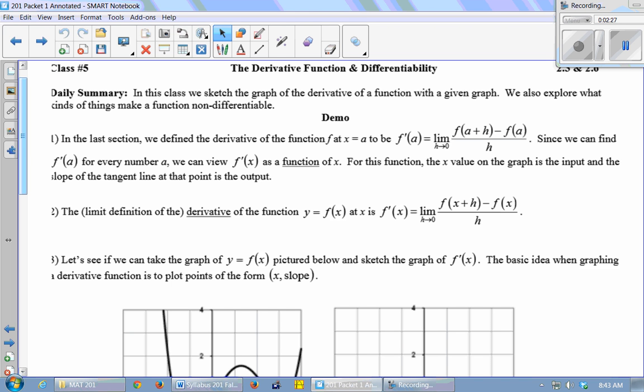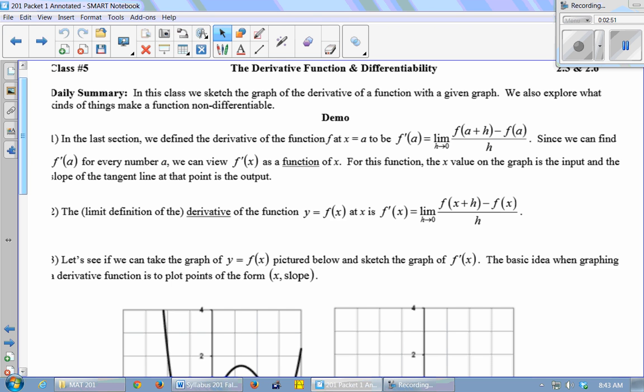So the limit definition of the derivative of the function f of x at any given x value is f prime of x equals the limit as h goes to 0 of f of x plus h minus f of x, all over h. It's exactly like what we did last class, but last class a was representing a number, like 2, and we were calculating the slope of the tangent line at 2.